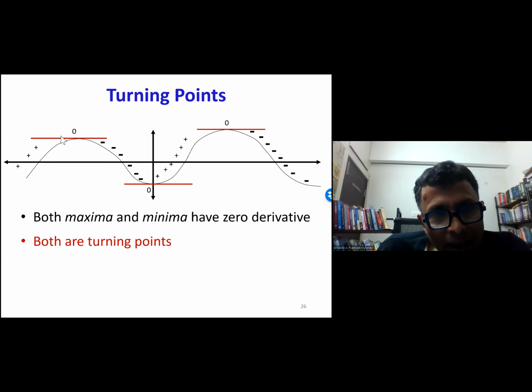Why so? Both the maxima and the minima have 0 derivative, because both are turning points where the function goes from increasing to decreasing or vice versa. So just finding out where the derivative is 0 is not sufficient.